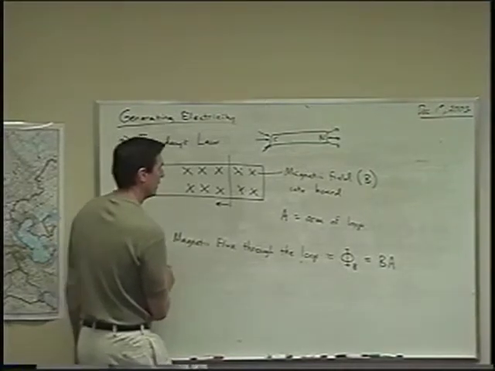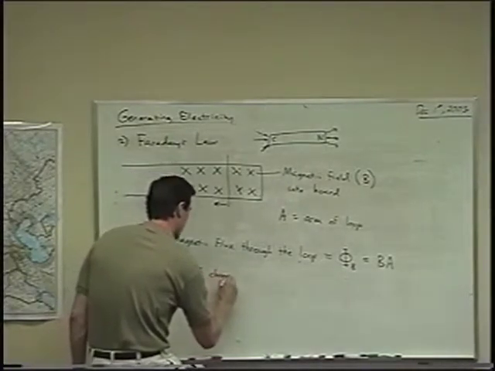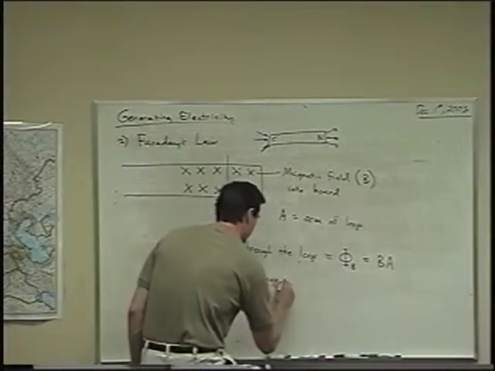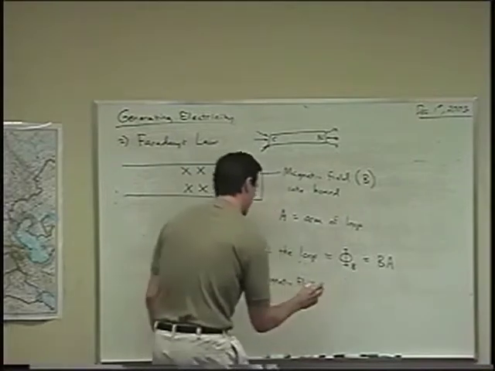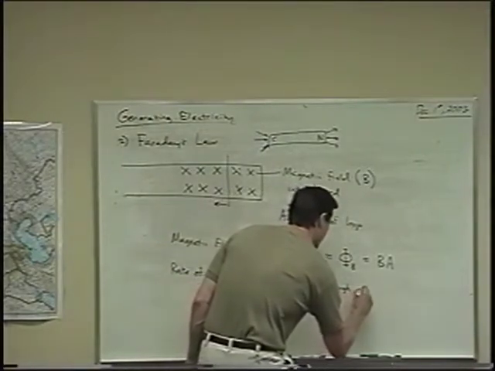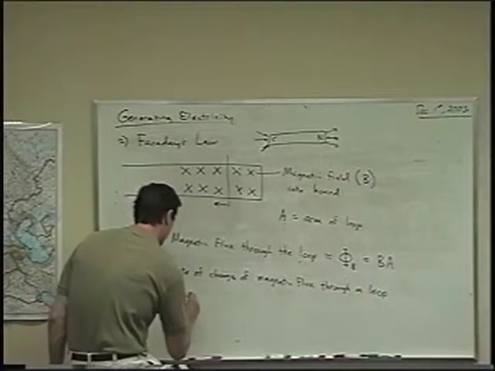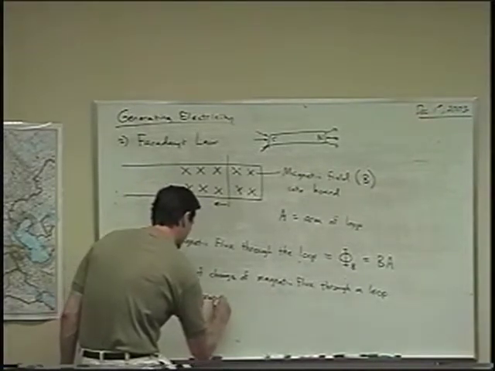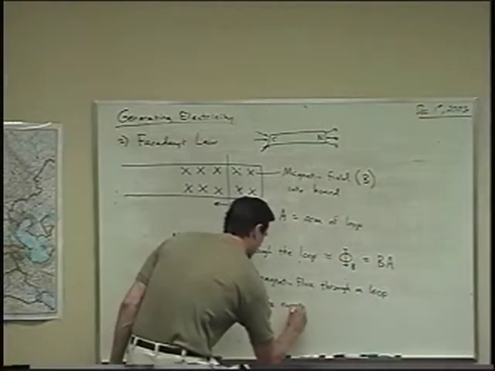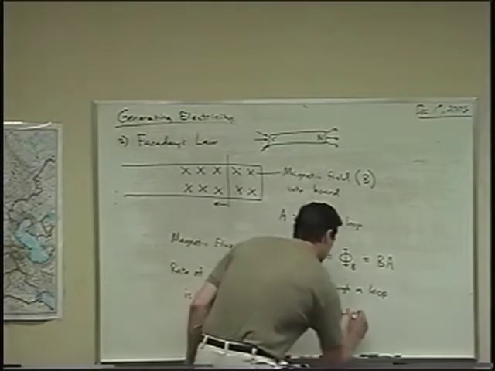The rate of change of magnetic flux through a loop is proportional to the current generated in the loop.